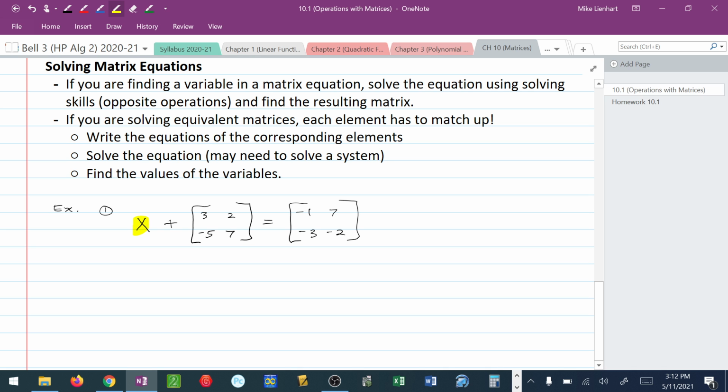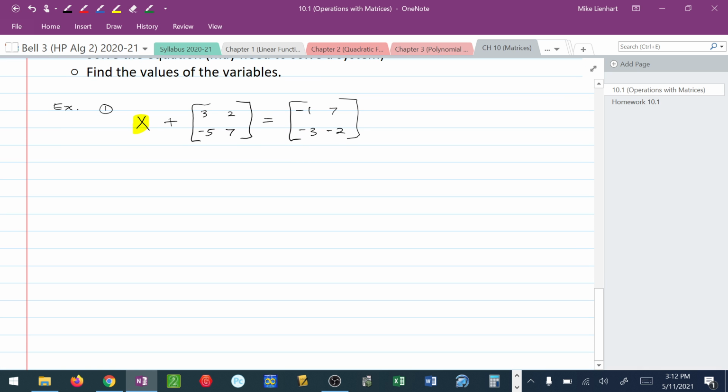So in order to get x by itself in this particular problem, I know that I need to subtract this matrix 3, 2, -5, 7 from the matrix I have.